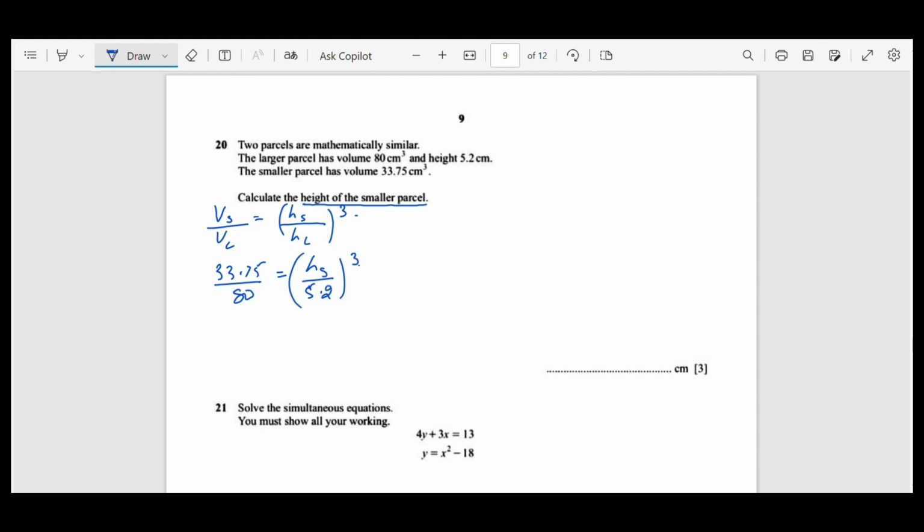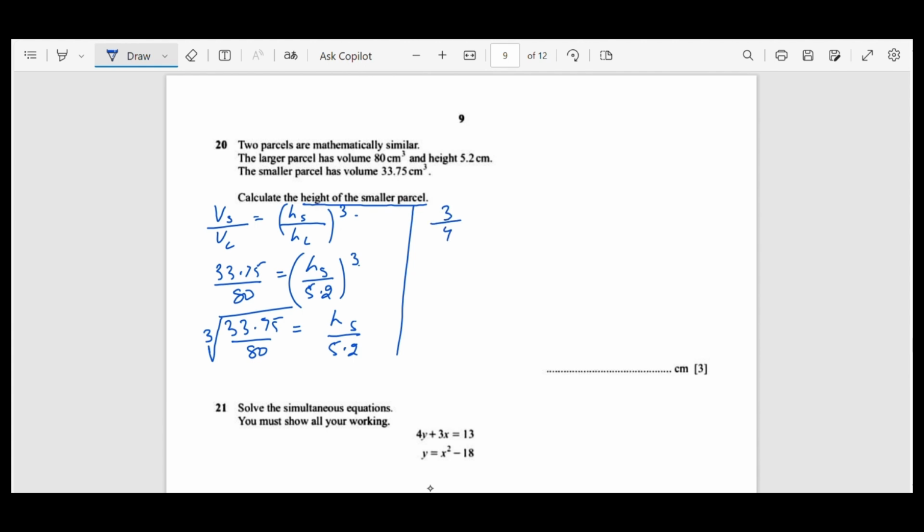So this is 33.75 over 80, cube root. This will be equal to height of the smaller over 5.2. So this is cube root. So we will use the calculator here. This is equal to 3 by 4.